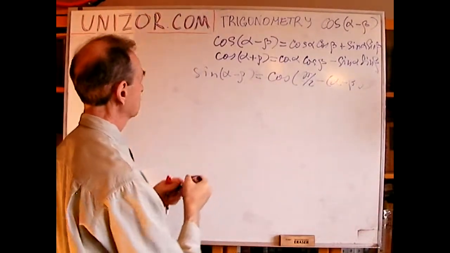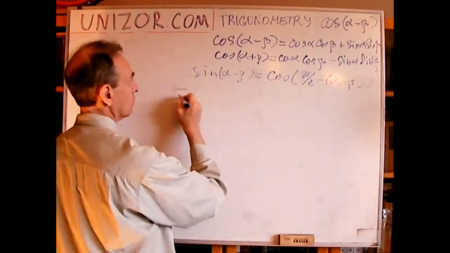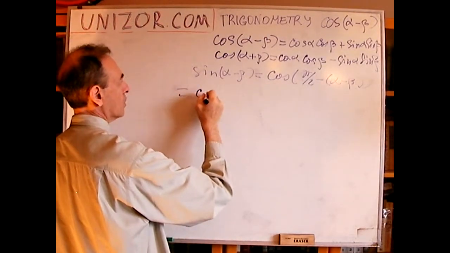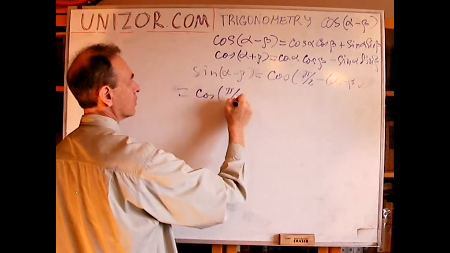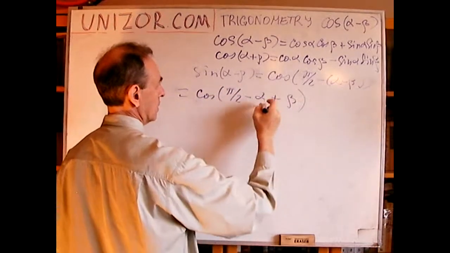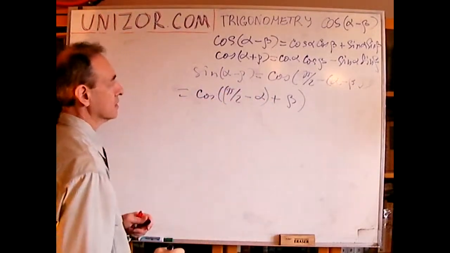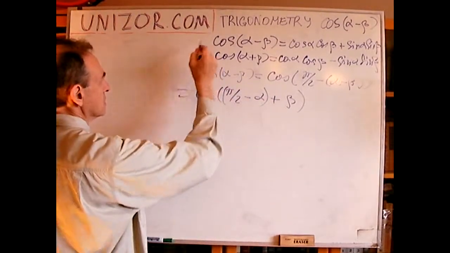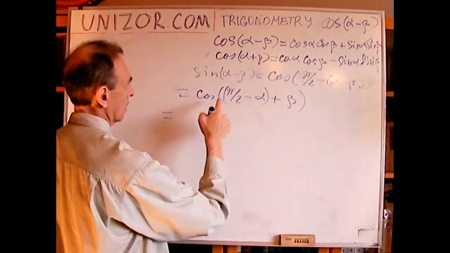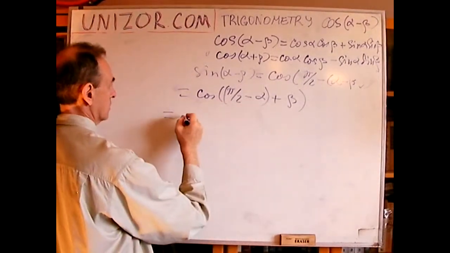Well, let's just find out what it is. Now, I know about this formula, which is what? Cosine of pi over 2 minus alpha plus beta. And we will put parentheses like here, right? And then I will use this one. So this is what? Cosine times cosine.